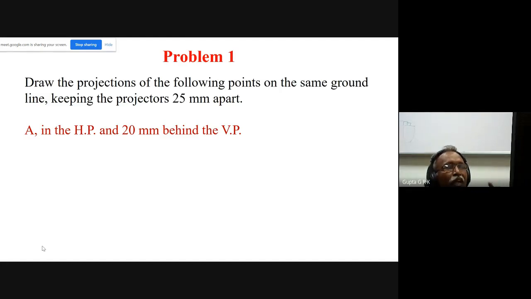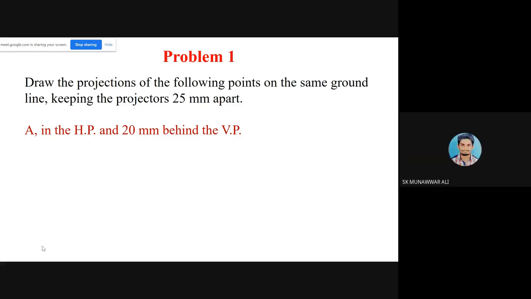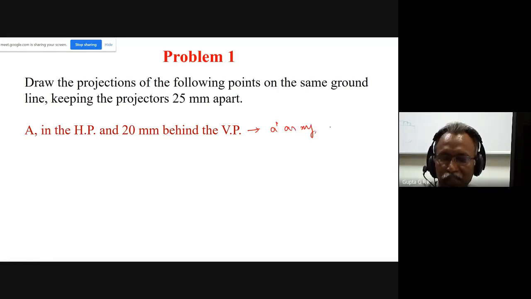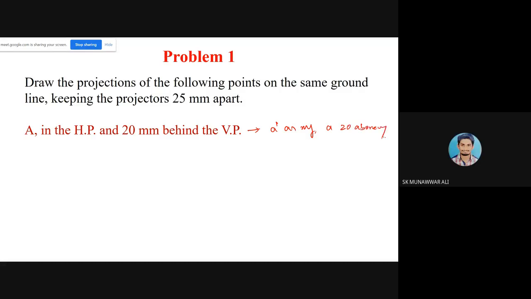And 20 mm behind VP, so it is about top view. Behind means it goes above XY. So top view 20 above XY. So immediately I should understand: A dash on XY, A 20 above XY. Is it clear? Yes, sir.